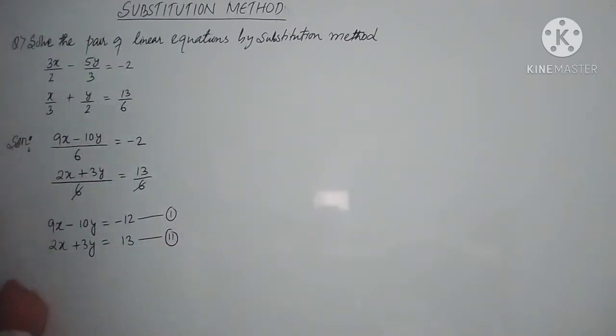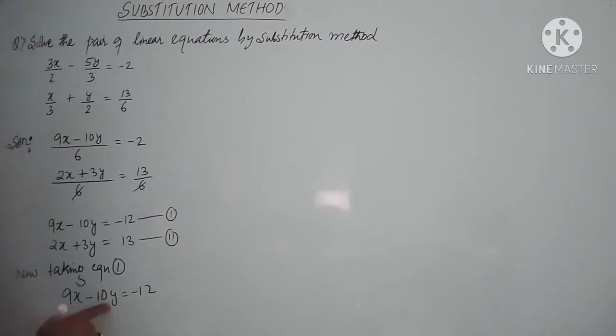Now taking equation 1. Equation 1 is 9x minus 10y equals minus 12. We have to eliminate either x or y from the left hand side. We will eliminate y from the left hand side. So minus 10y will become plus if you take it to the right hand side.